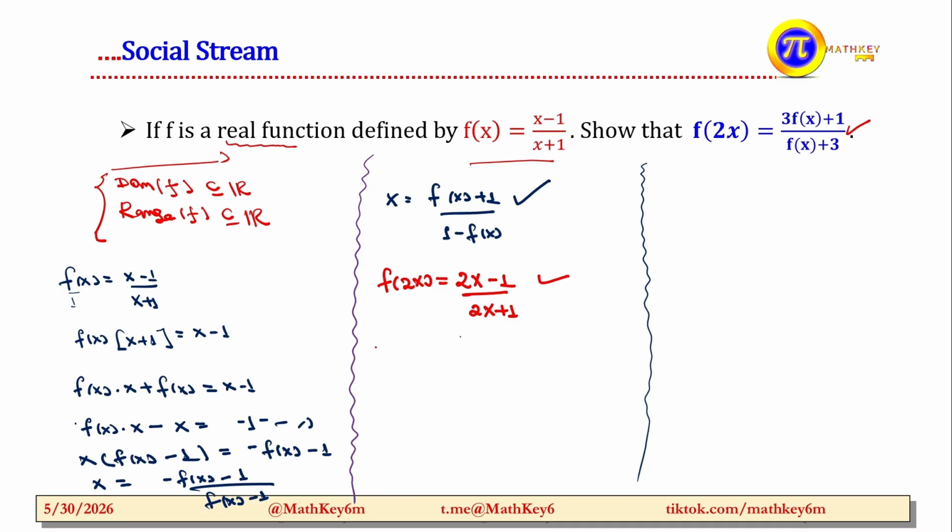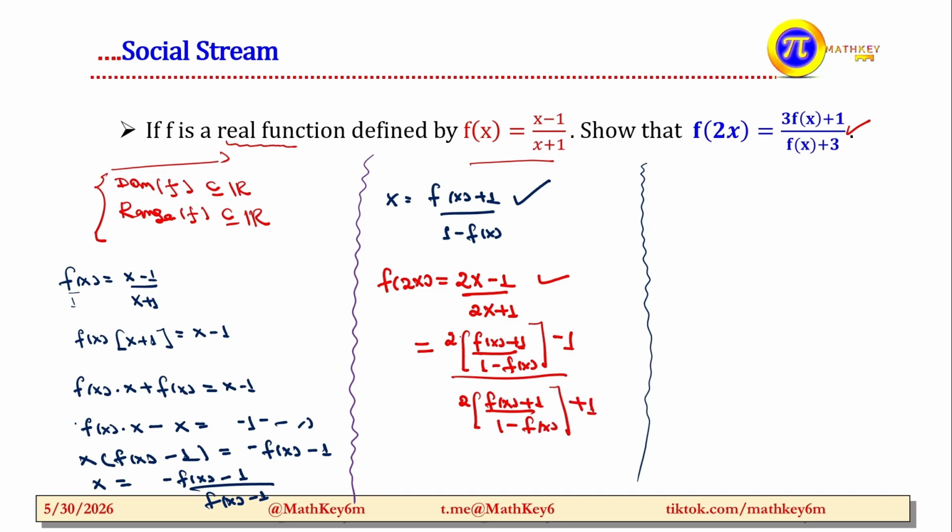This is equal to 2 times f of x plus 1 over 1 minus f of x, minus 1, over 2 times f of x plus 1 over 1 minus f of x, plus 1.